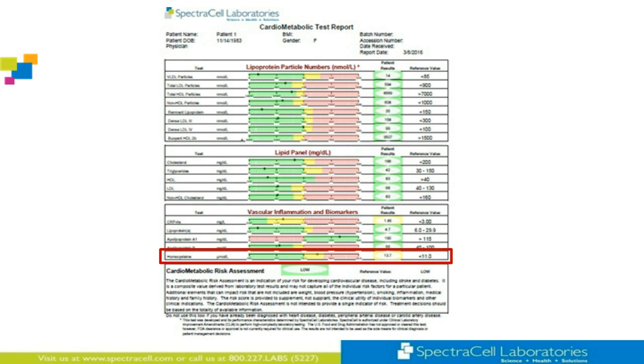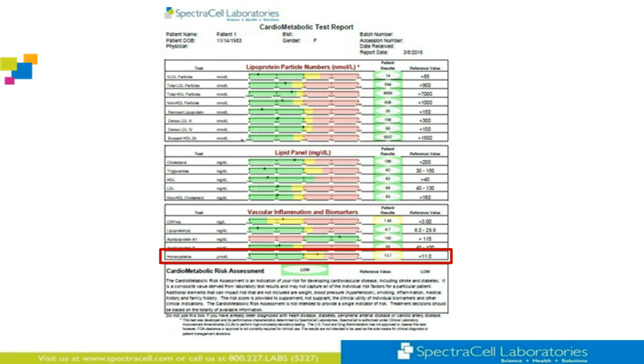As you can see at the very bottom of the page, this particular homocysteine level was 13.7, so it's in that yellow intermediate range, far too high to be comfortable, and we'll understand by the end of tonight why this can be so problematic.